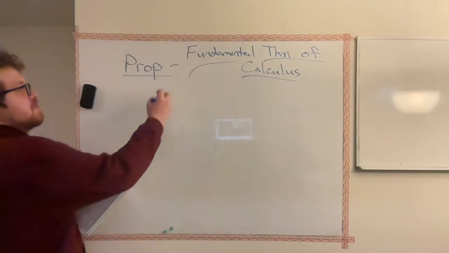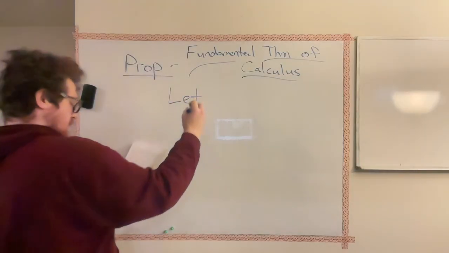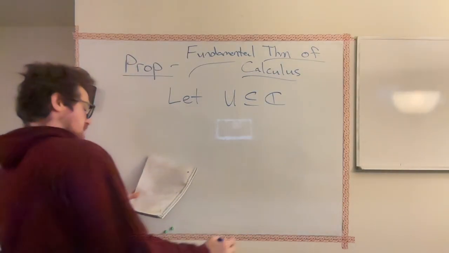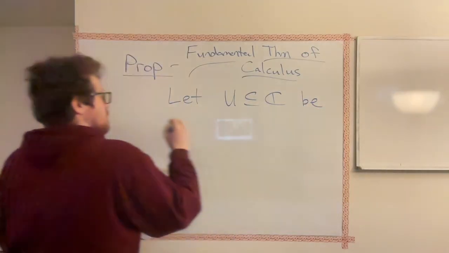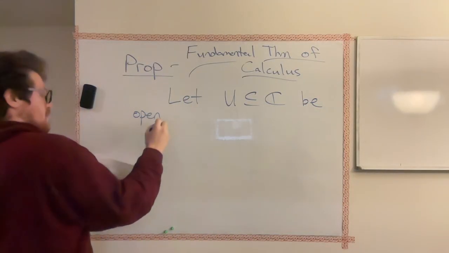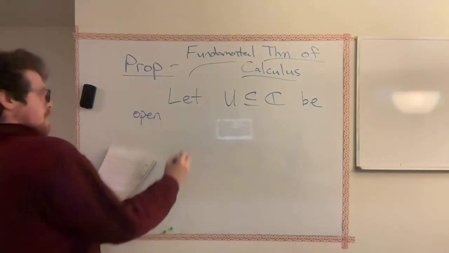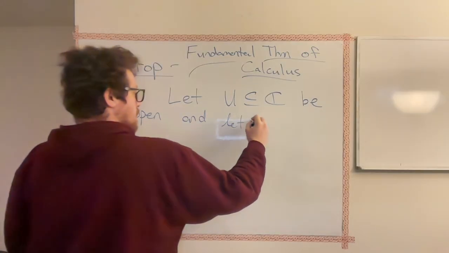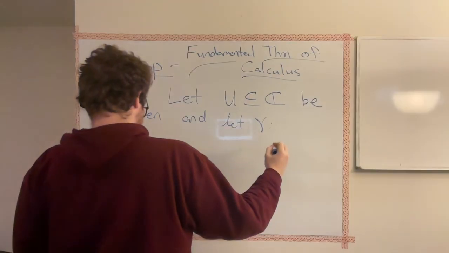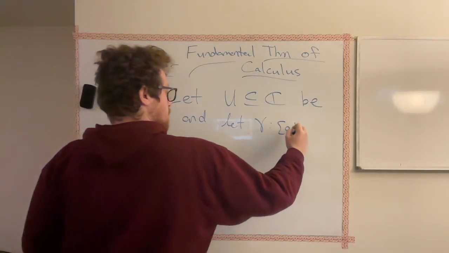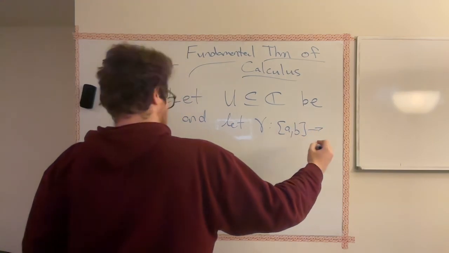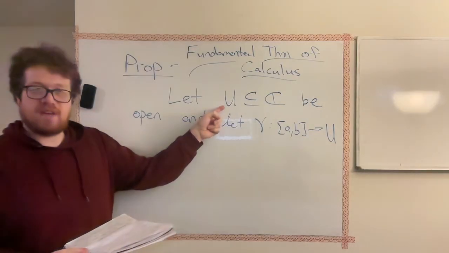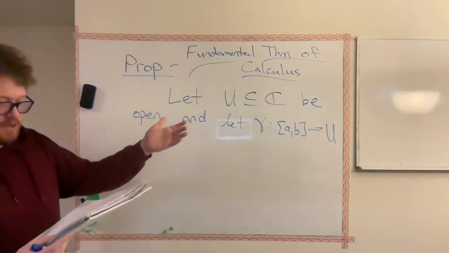Which is just saying, in this case for holomorphic functions, let U be an open domain again in the complex numbers. And again, we have some closed curve gamma defined on A to B to U. So we're parametrizing some path in the open set U, where some other function f is defined.